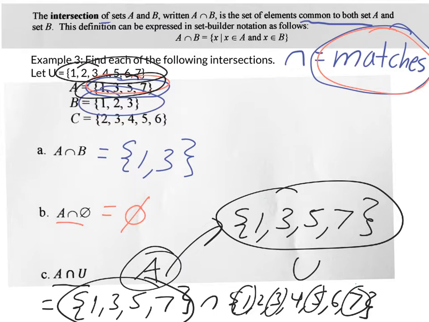So they most likely would just abbreviate it as set A. So you could say, well, we got the set with 1, 3, 5, 7 back again as the final answer, or you could just simply select capital A for set A. We got set A back again when we intersected it with the universal set because those were all the matches. So set A, final answer to part C.